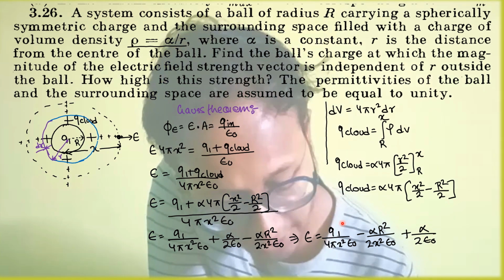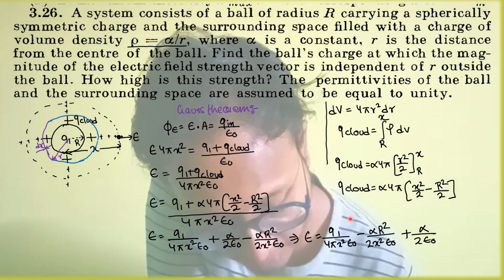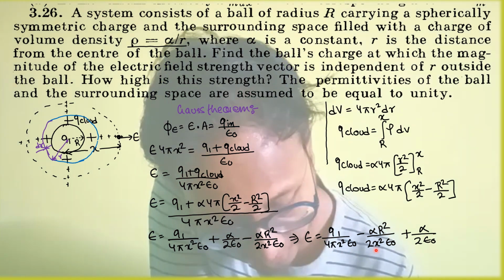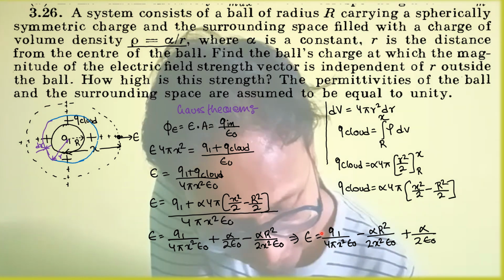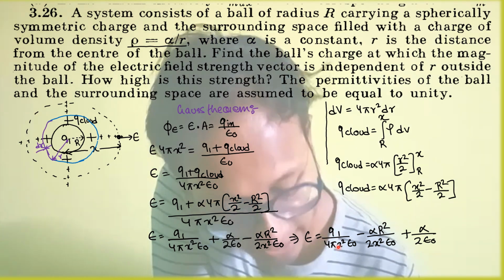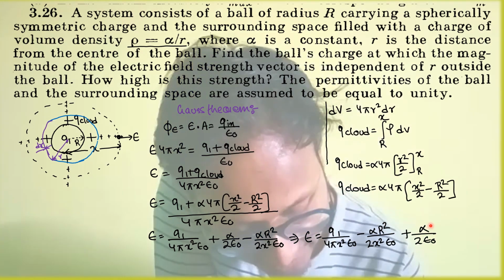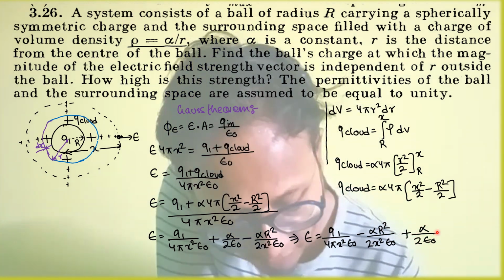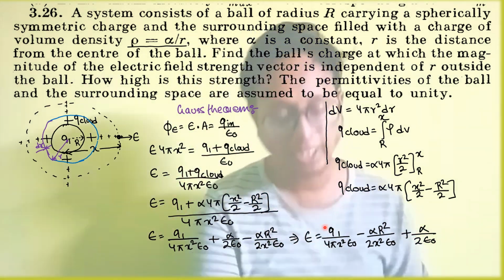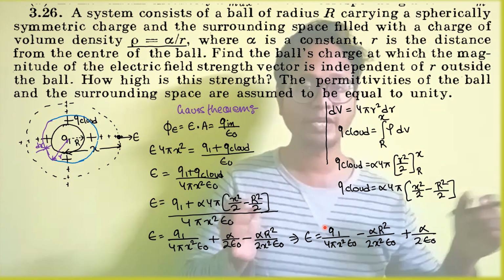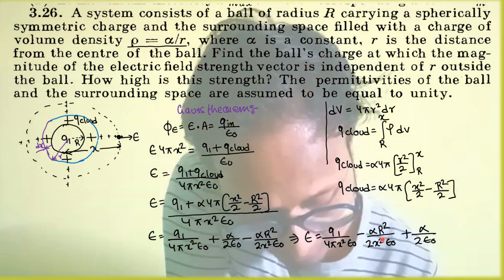If these two values become 0, then I can easily say this value is independent of x. So for the electric field to be independent of x, both these terms should be equal to 0.